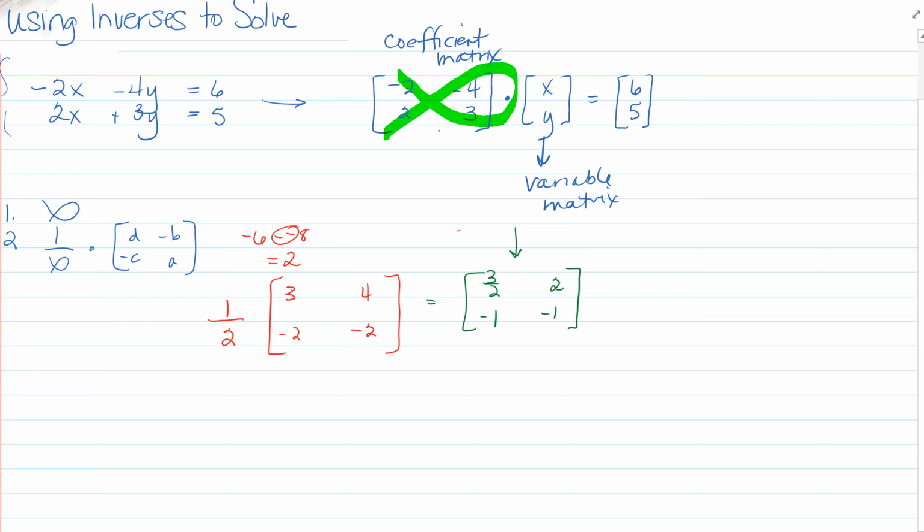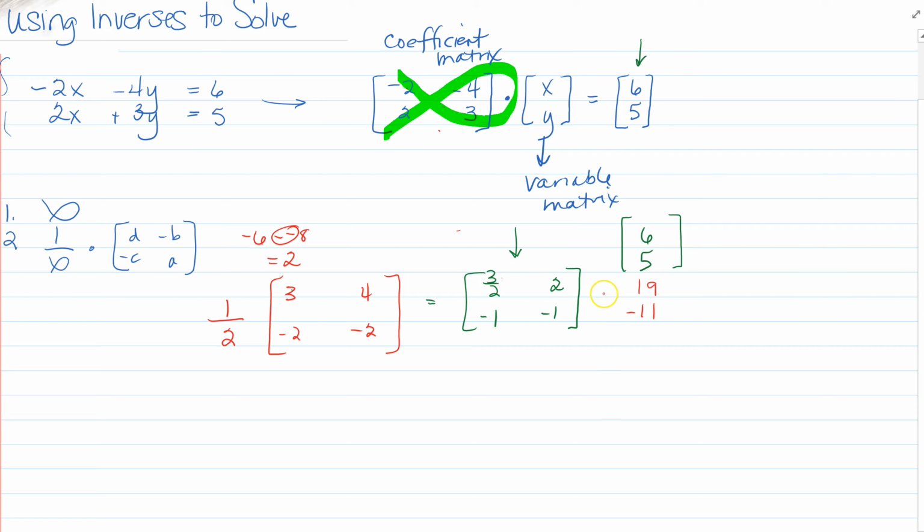And the reason why they wanted me to do my inverse is that if I multiply this inverse by the constants, then I should get my answers. And here we go. So 3 times 6 is 18, divided by 2 is 9, plus 10 is 19. -1 times 6 is -6, and -5 is -11.